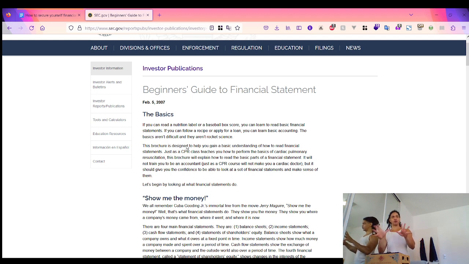So to understand this income statement, think of it as a set of stairs, right?